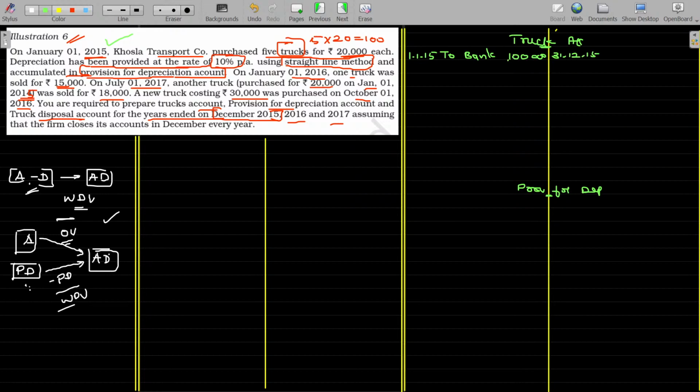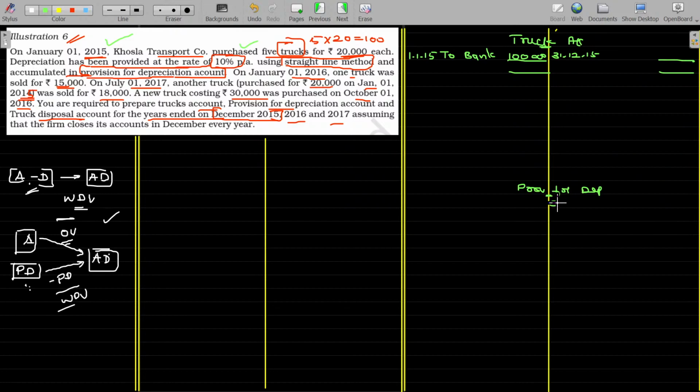31st December 2015. Okay. Of course, we don't charge the depreciation in the truck account. We accumulate that in the provision for depreciation account. In the provision for depreciation account, how much will the depreciation be? 10% will be provided, that too under the straight line method.